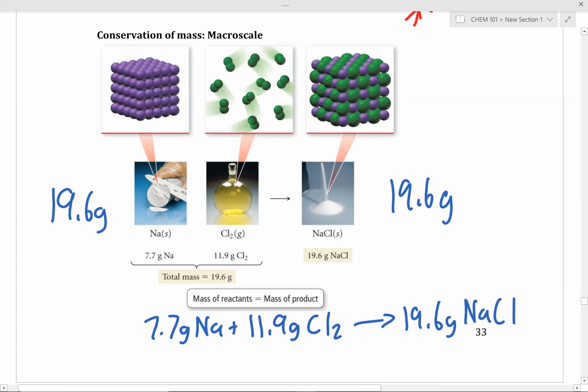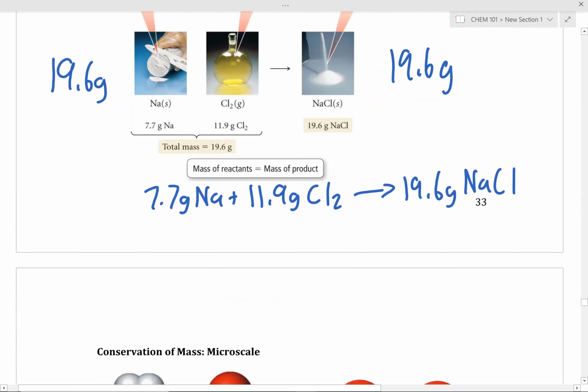No, they have different properties and reactivity. Mass is conserved, but we have changed the chemical identity as we go from reactants to products. Okay, so we can get really clever with conservation of mass in later problems. But just remember, mass is conserved in a chemical reaction.